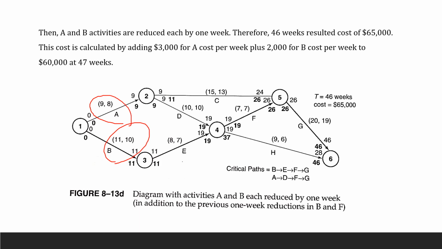And then we're going to add their per week cost. B is $2,000 and A is $3,000. So together that's $5,000. You add it to 60, so you get 65,000 spending right now. But you have now saved 3 weeks. All right, 3 weeks. That's billions of dollars, by the way.